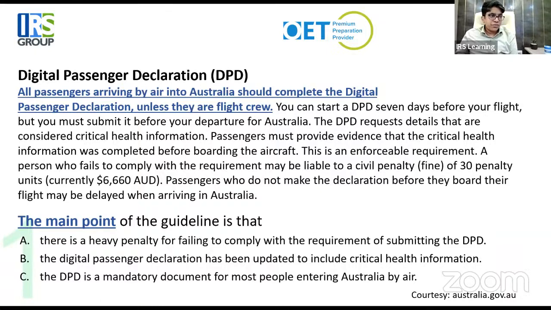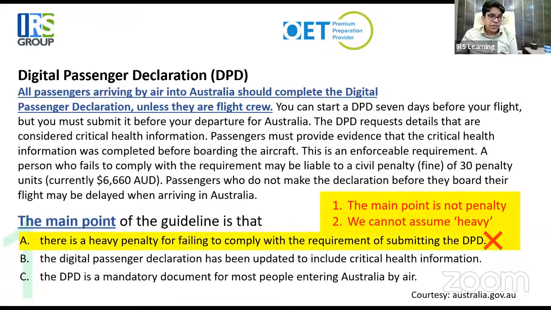Good to see that most of you have come up with the answer C, but there are a few Bs. So it's not option A because the main point is not the penalty, and we can't assume that it's heavy.